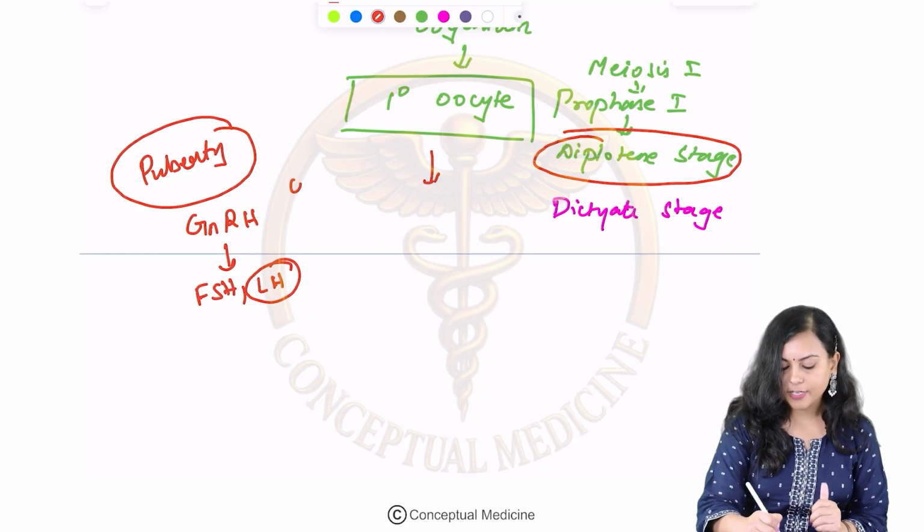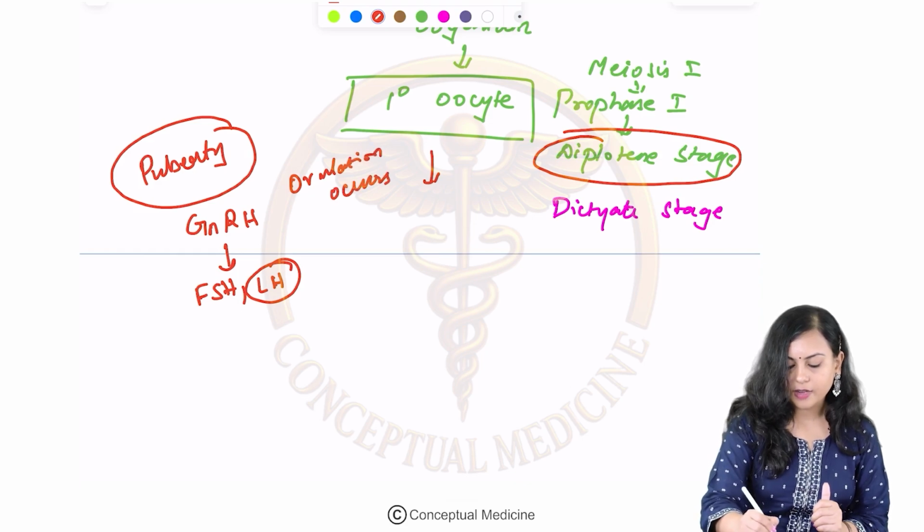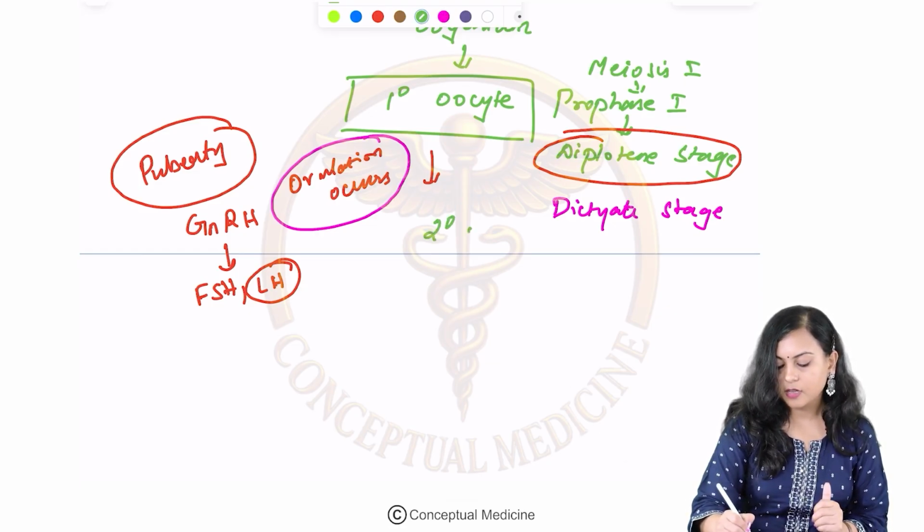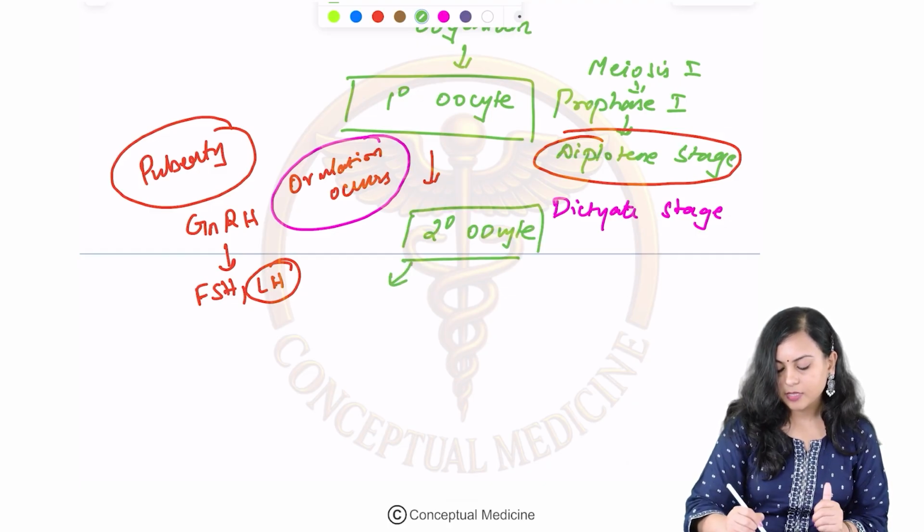Then ovulation occurs, where there is formation of a secondary oocyte. At the same time, there is release of the first polar body.